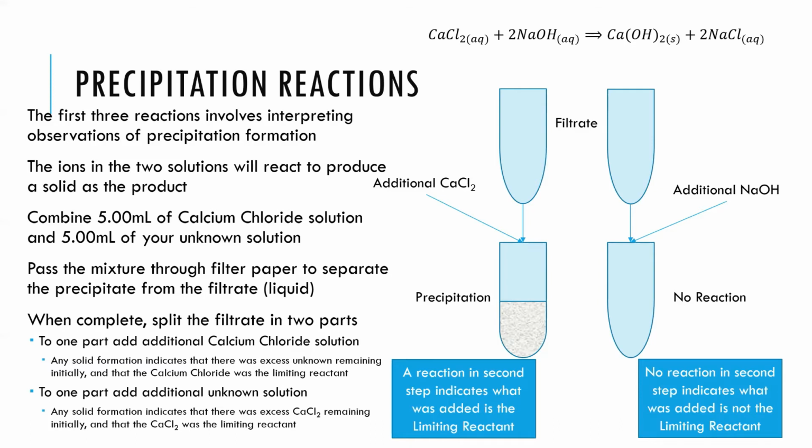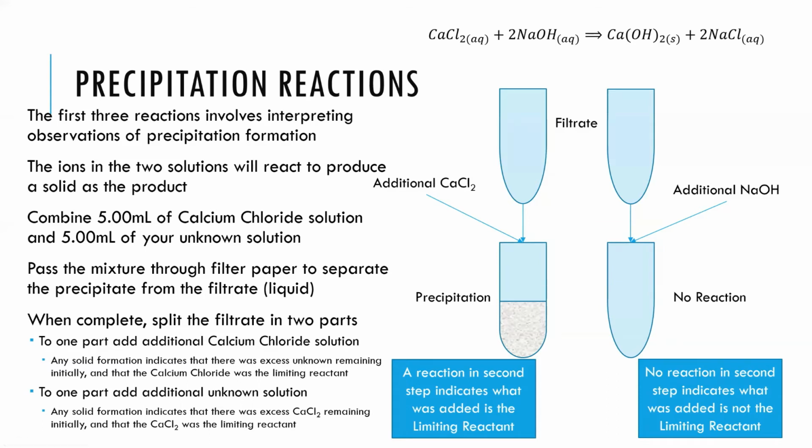It's all used up, so only the excess reagent is still present in this filtrate. If you add additional excess reagent, then nothing would happen. You wouldn't see any precipitate form because the limiting reactant is still gone. So if you see no reaction or no precipitation, that means what you just added is not the limiting reactant.